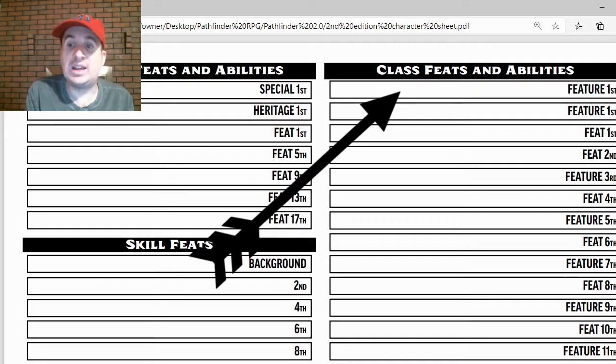Next up, we have class feats. These are feats that your character can take because they are a member of a certain class. Examples include Sudden Charge, which enables your character to stride twice and make an attack roll with a melee weapon for 2 actions, and Divine Health, which makes your character resistant to disease.